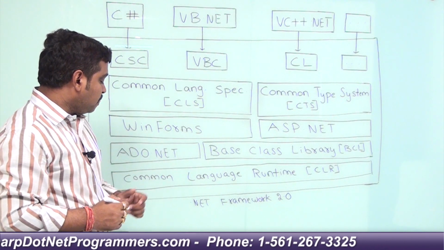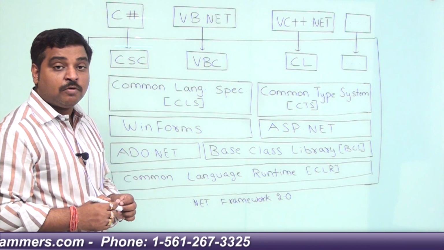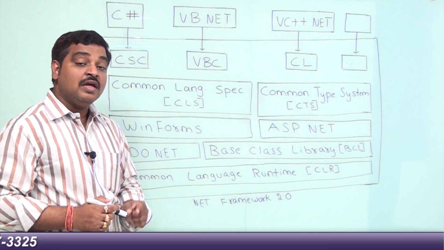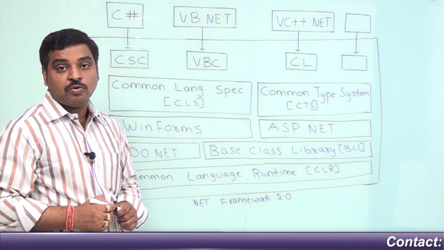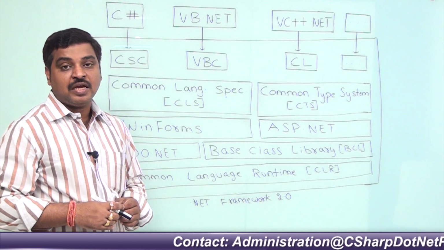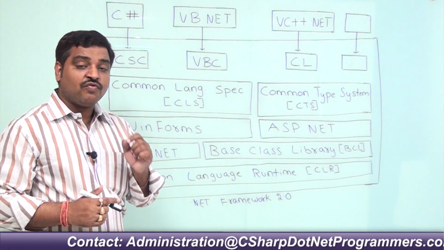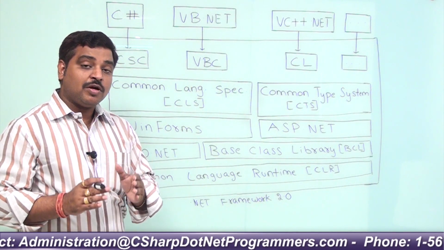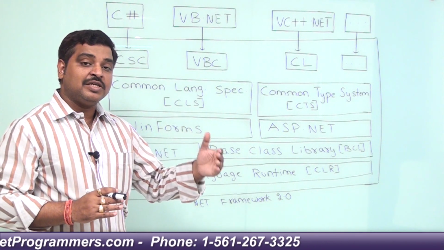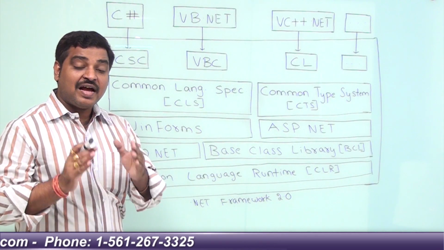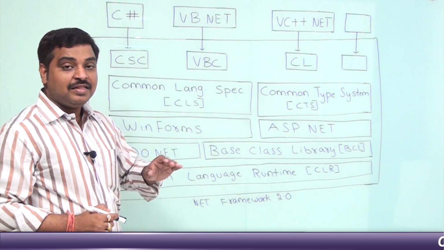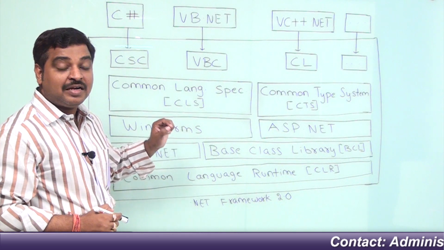And ADO.NET, which stands for ActiveX Data Objects for .NET, is a framework or a specification to interact with any database or XML documents from a .NET application developed using any language.